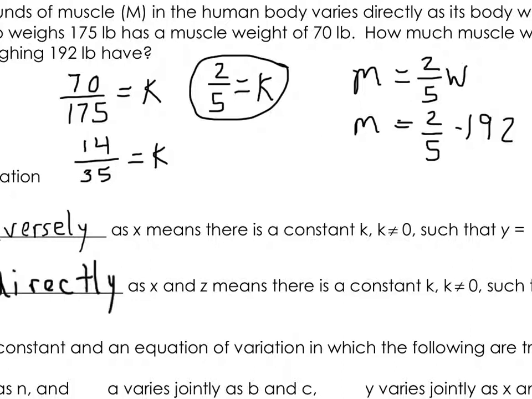What is 2/5 times 192? 76.8 pounds. So a 192-pound person will have 76.8 pounds of muscle.